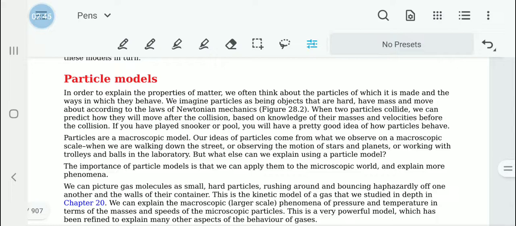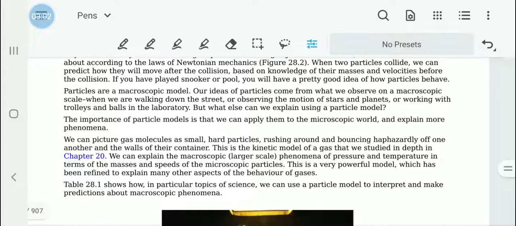Now when you look up at the sky, or when you are dealing with different things, we can use this particle model to explain how they behave the way they do. Now when you use this particle model in things that we cannot see, that is the microscopic world, we can explain those phenomena also.